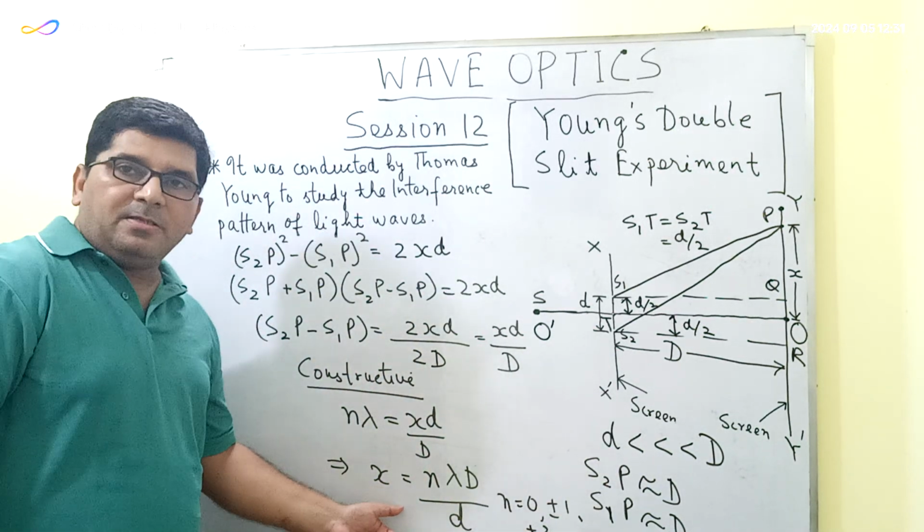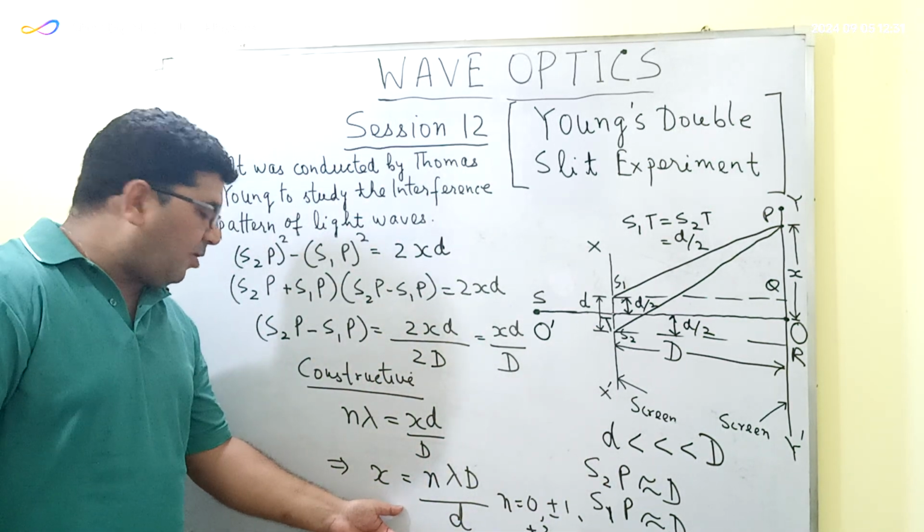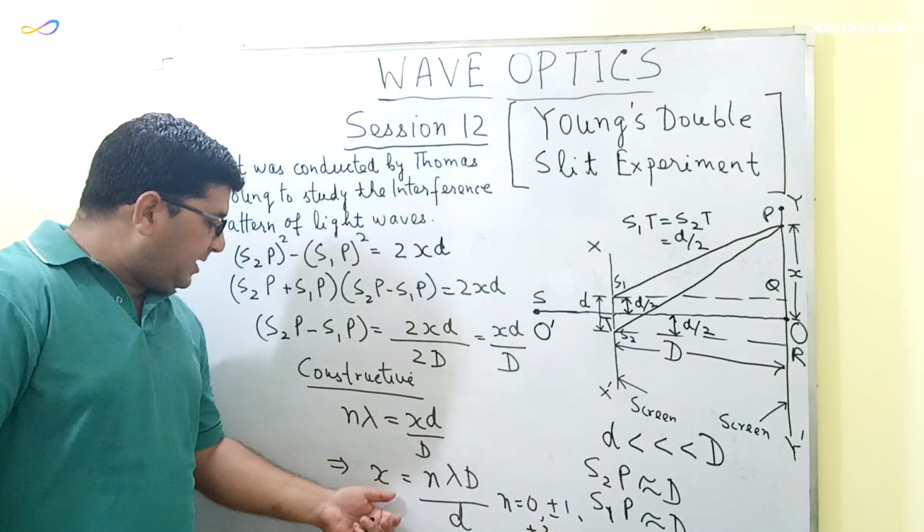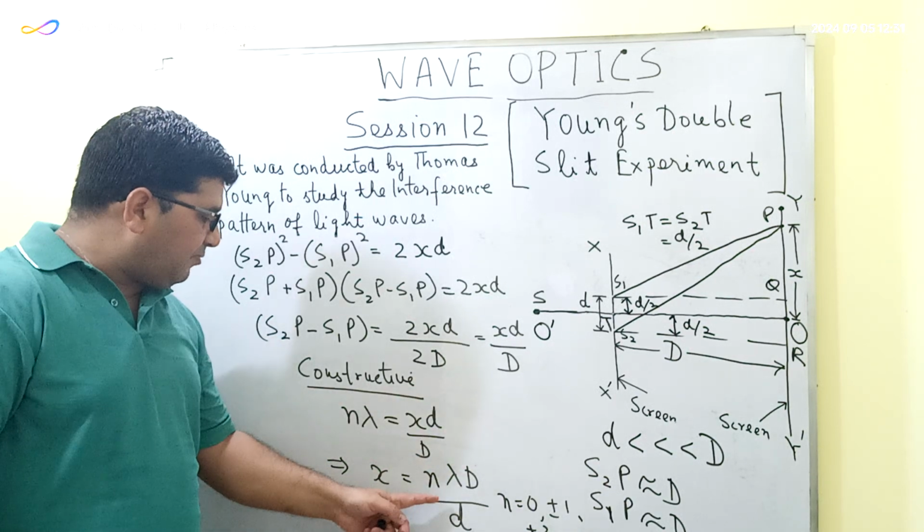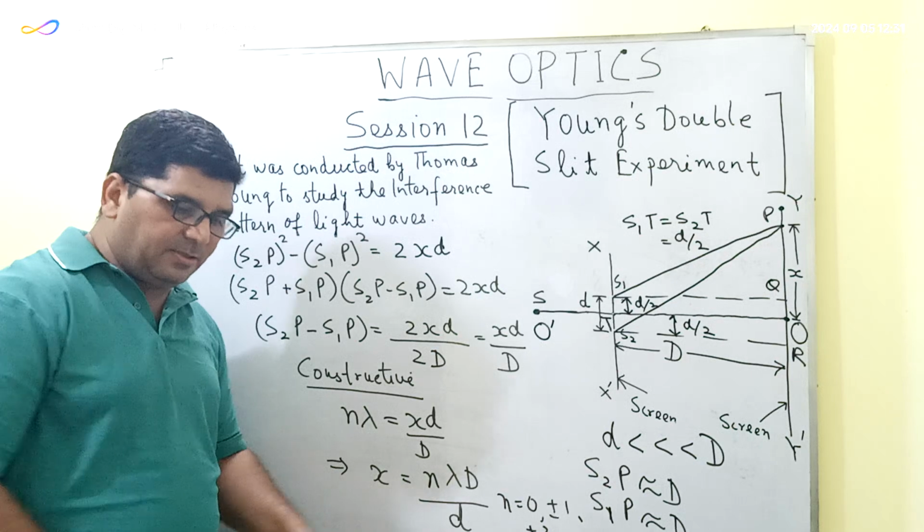So for constructive interference, the distance of the nth bright fringe from the center of the screen will be equal to n lambda D divided by d.